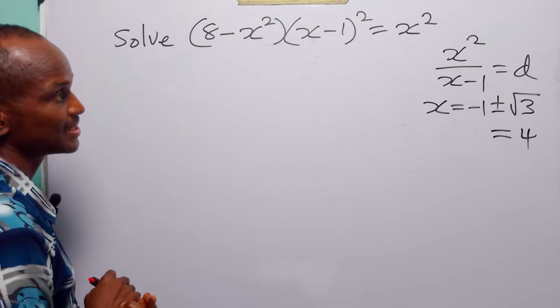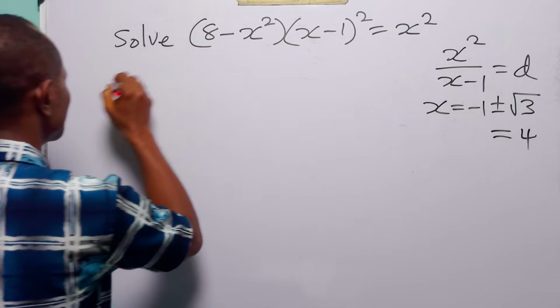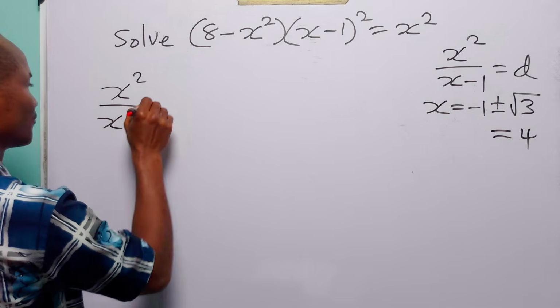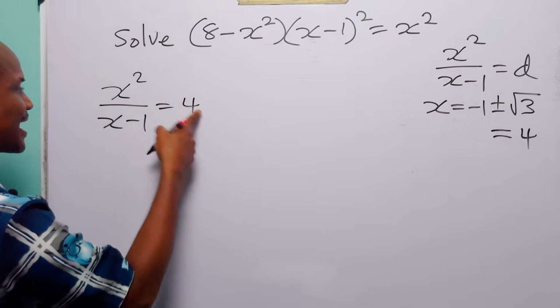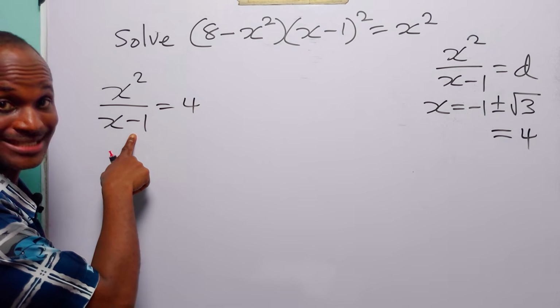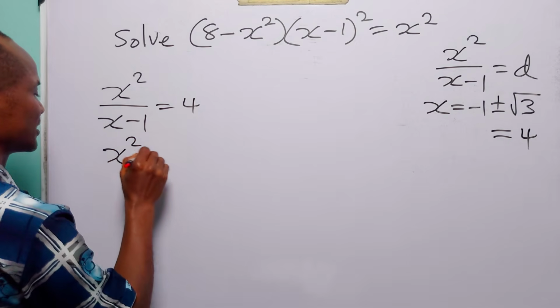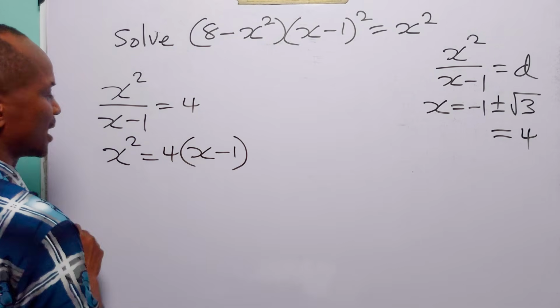And in the second case, we have that x² over x - 1 is equal to 4. Once more, to get rid of this fraction, we multiply both sides of this equation by the denominator, that is x - 1. So we have that x² is equal to 4 times (x - 1).